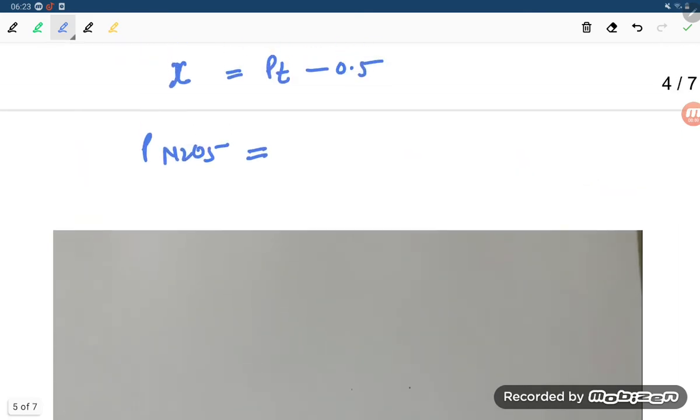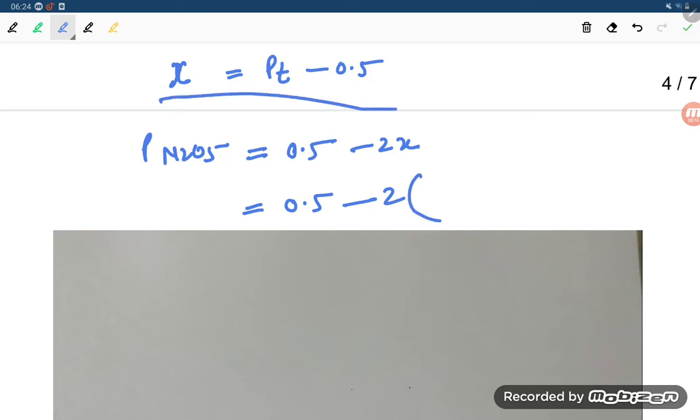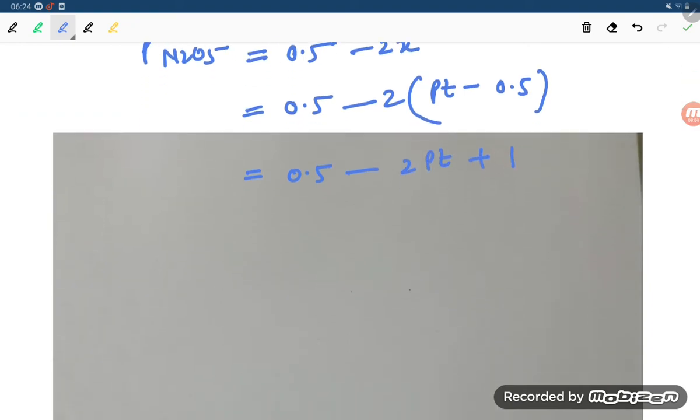Putting in the value of x, Pt minus 0.5, we get 0.5 minus 2Pt plus 1. If you add it out, it is 1.5 minus 2Pt. This is 1.5 minus 2Pt.